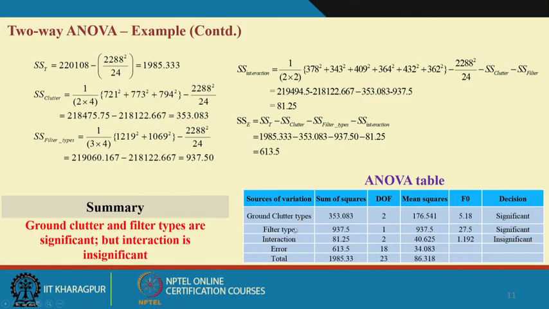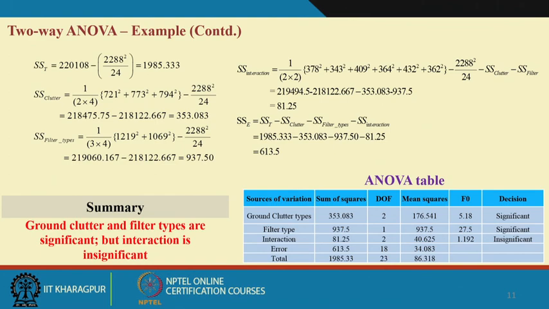So this is the beauty of introducing more factors. And another interesting thing is that the interaction between the ground clutter and filter type is insignificant. That means there is no dependency between these two factors.